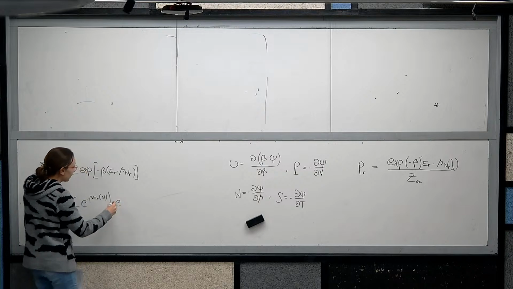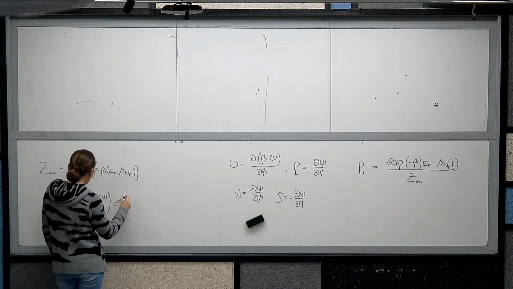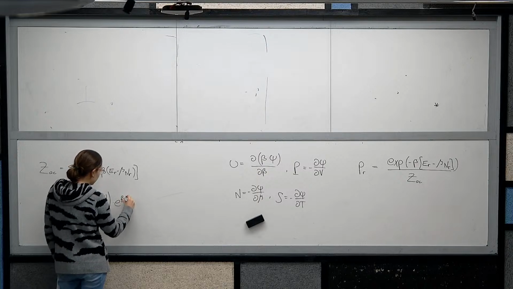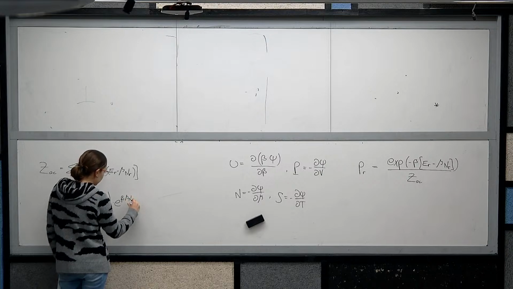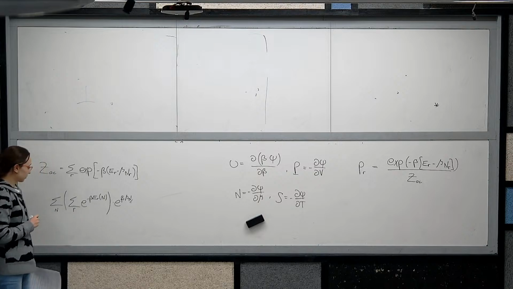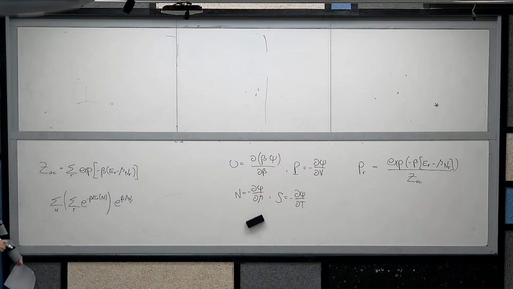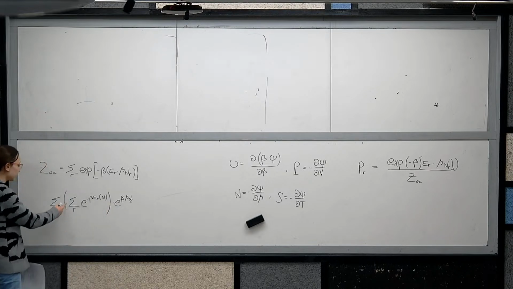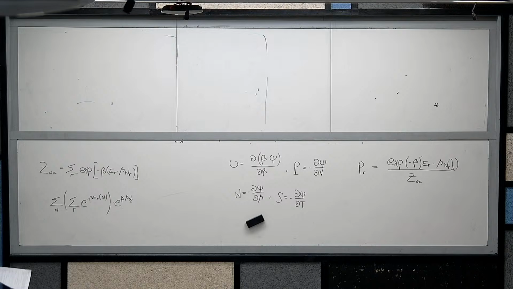and we can divide the exponent into the energy and the number of particles. Let's just write it as n. So the energy of some state depends on the number of particles, and then we are summing over all possible numbers of particles in the system.